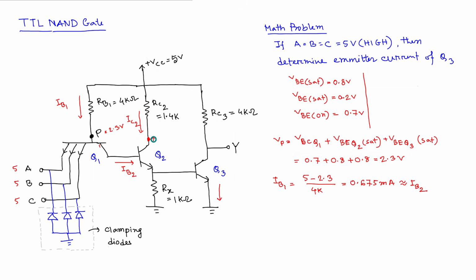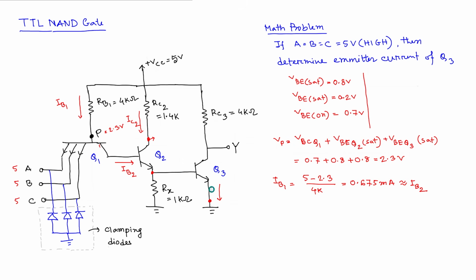So we know that this particular transistor is in saturation. So from collector to emitter, the voltage we should get is 0.2, right? So from here to here 0.2, then also we can come here, and from this point to this point, the voltage is what? 0.8, because this transistor is also in saturation. So for Q3, from base to emitter, voltage is this one, right?